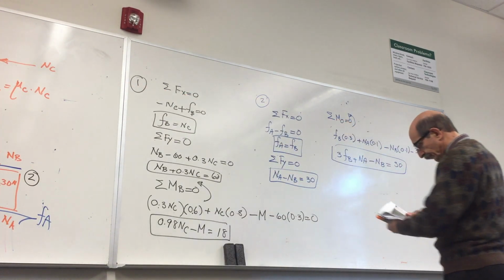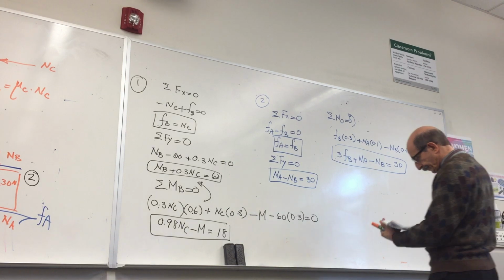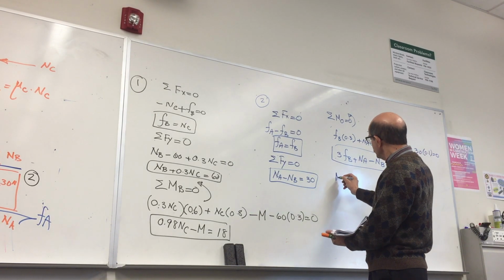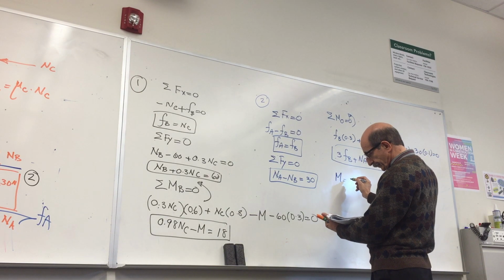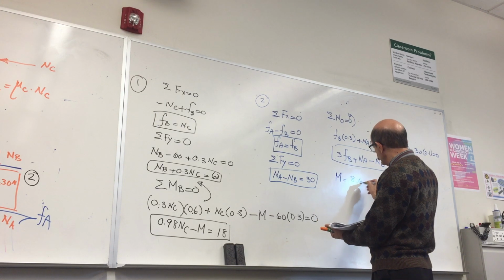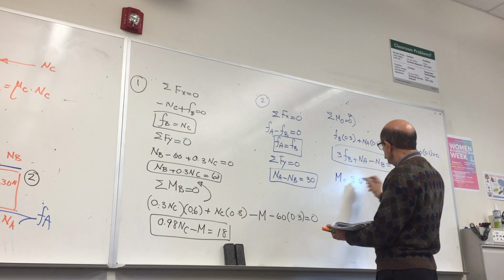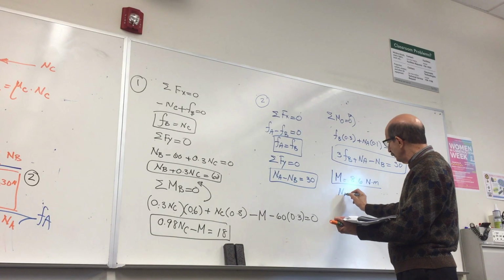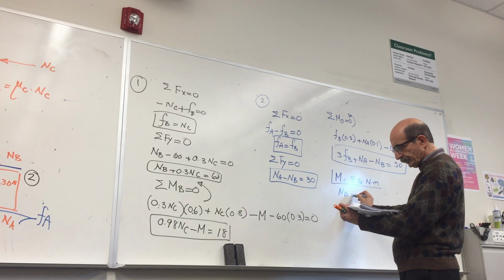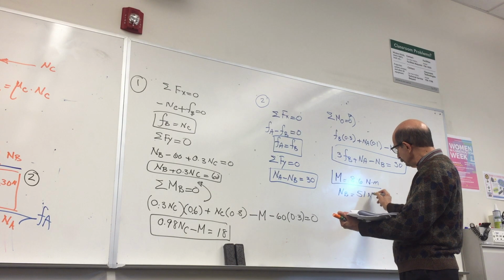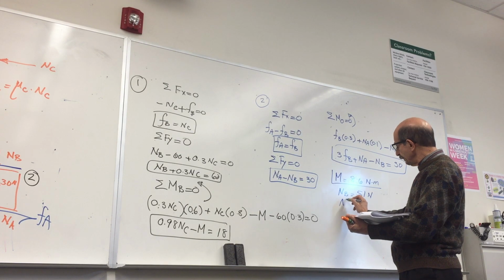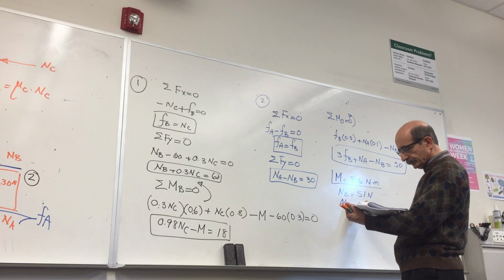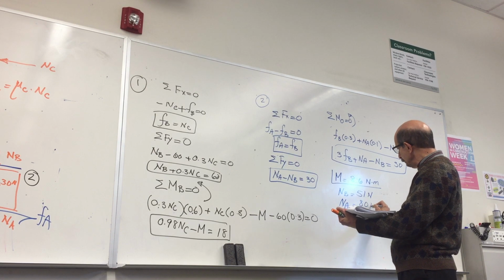You solve for all of those, you'll get M, that resolves to be about 8.6 Newton meter. NB will be 51 Newton, and NA comes out at 80 Newton.